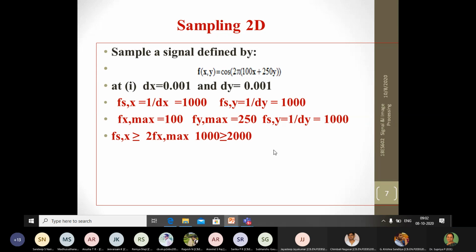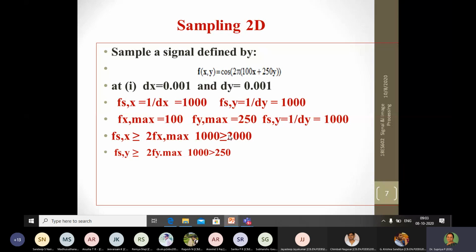We would like to just apply the Nyquist criteria, which states, just check whether the sampling frequency is greater than 2 fm, that is the basic 1D criteria. Coming to the 2D image, it is fsx is greater than 2 fx max. Similarly, fsy is greater than 2 fy max.